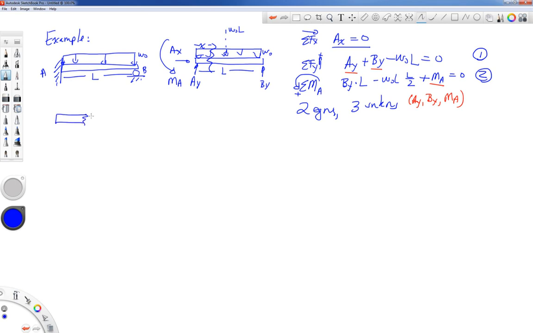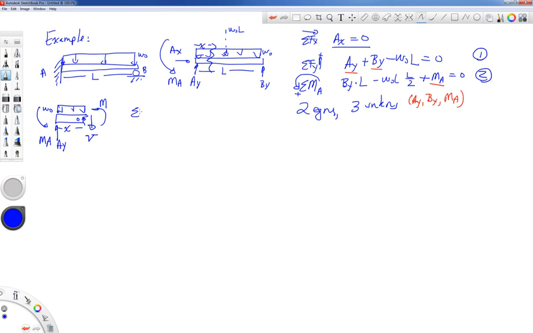I have to be careful. I need to draw my shear force and my bending moment in their positive directions. I have a portion of this distributed load that's on here. And I have my MA, and I know AX is 0, so I have that and my AY on this diagram.